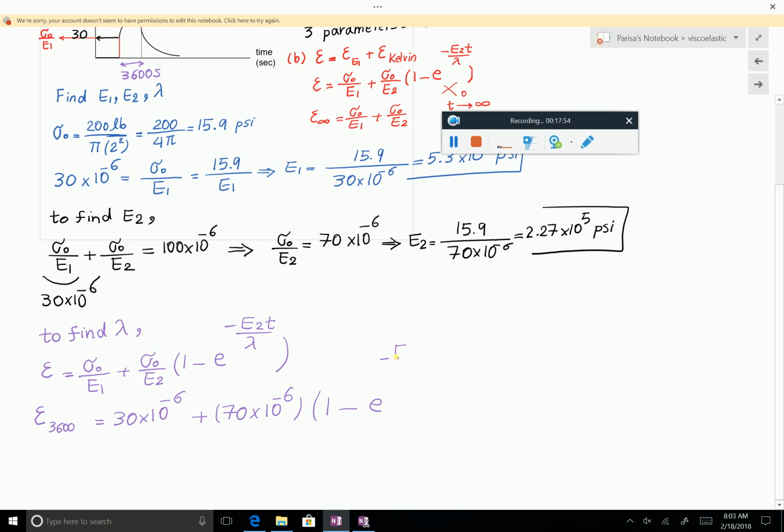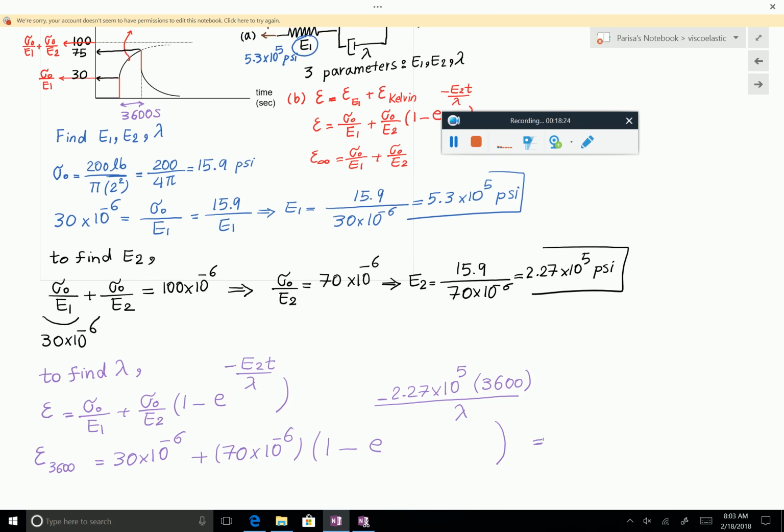I can substitute already: minus E2, which we found is 2.27 times 10 to the 5, and then 3600 over lambda. We know that this is equal to, from the graph here, 75 microstrain.